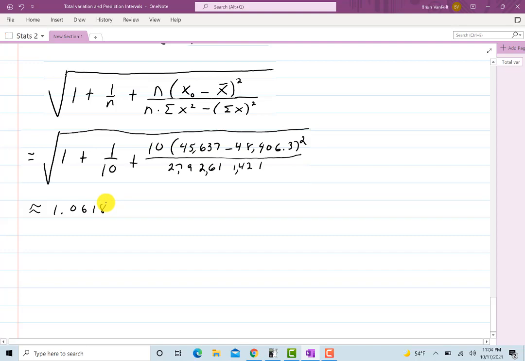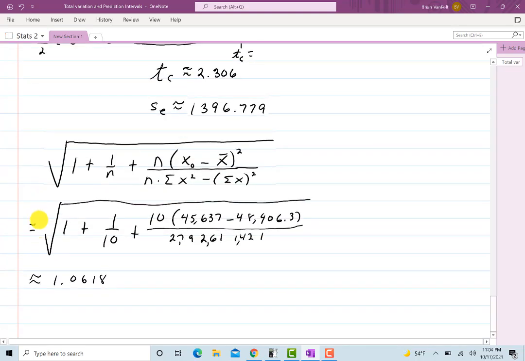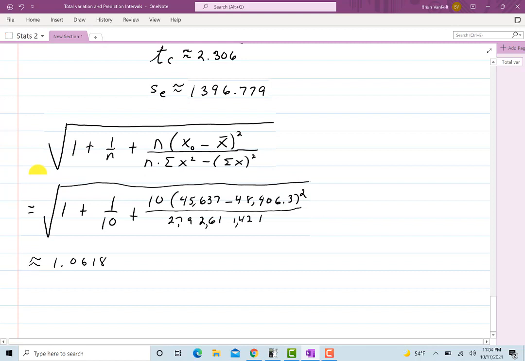Now we are ready for our computation. So we have TC, SC, and we have this thing.